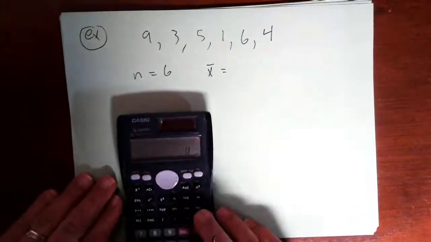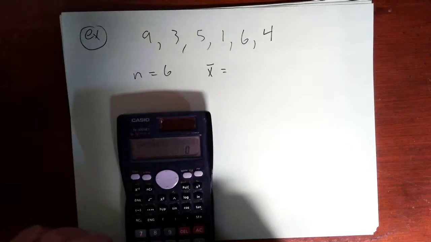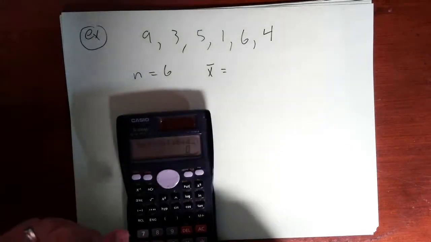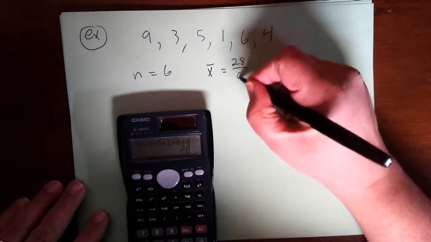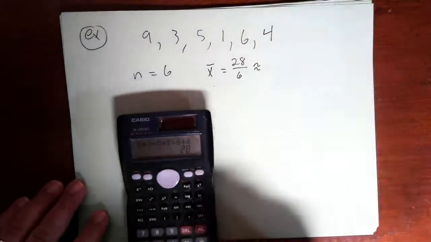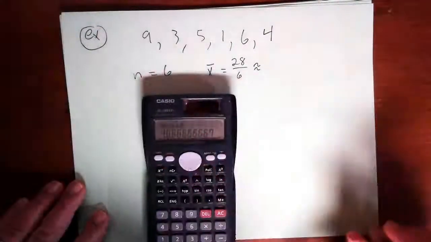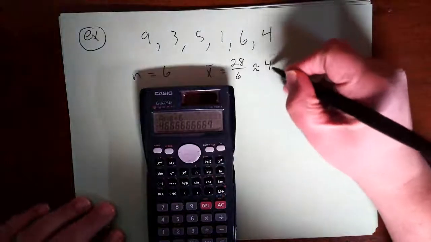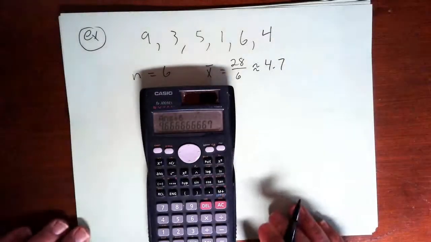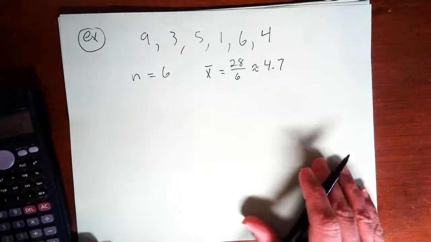I've got 9 plus 3 plus 5 plus 1 plus 6 plus 4, and that's 28 divided by 6. What we're going to find here is I get 4.6 repeating, and so I'm going to have to round that to 4.7. So that's approximately 4.7.